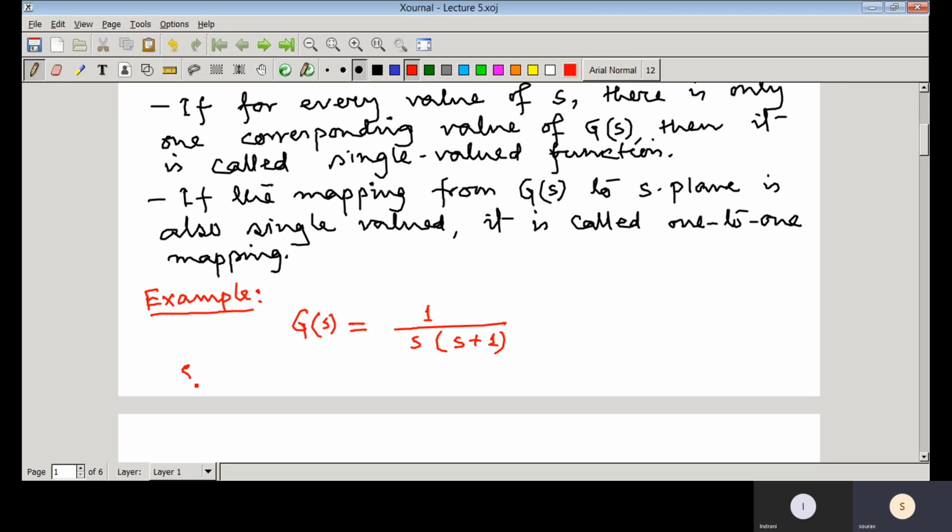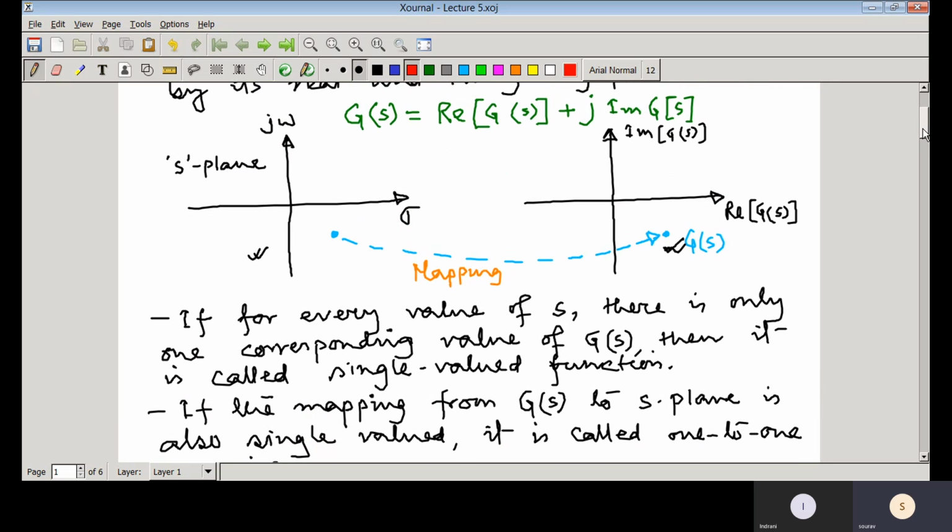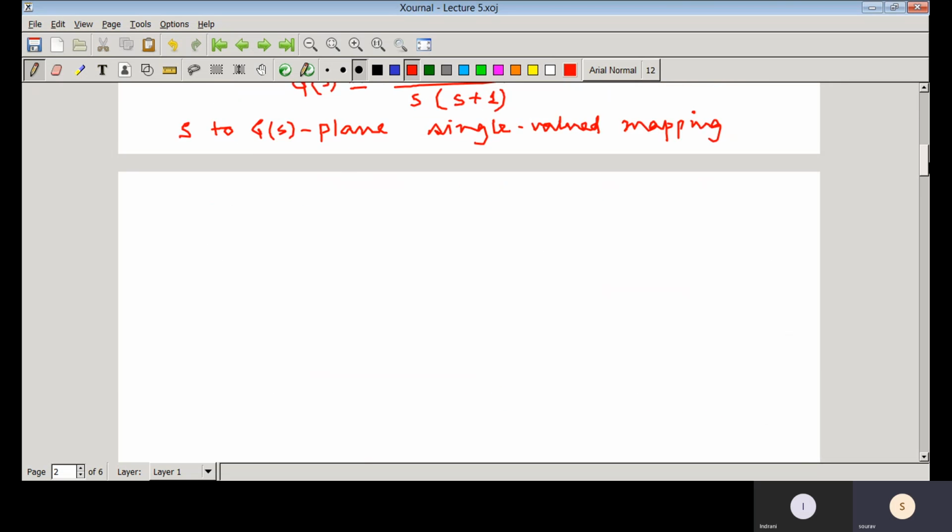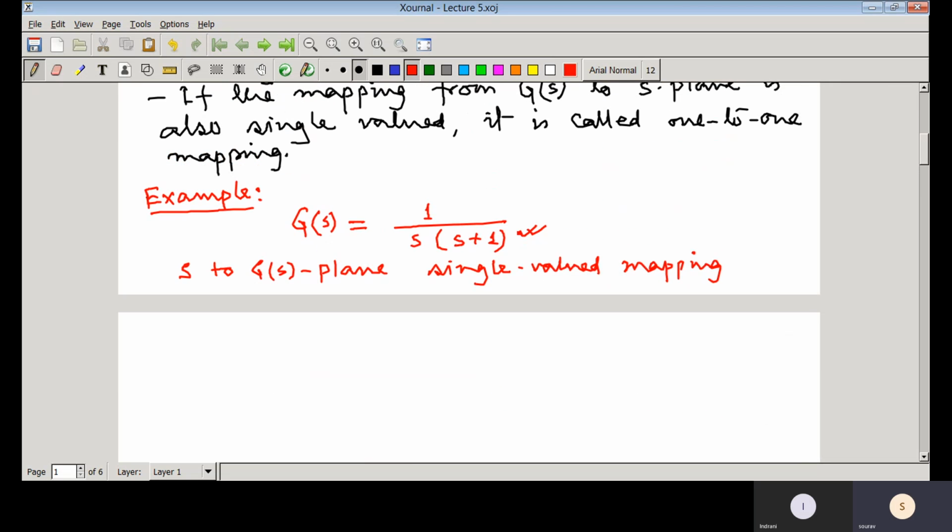In this case, it is a single valued mapping, because if you take any point in the s plane and put that value of s here, you will get a single value of G(s). So it is a single valued mapping.